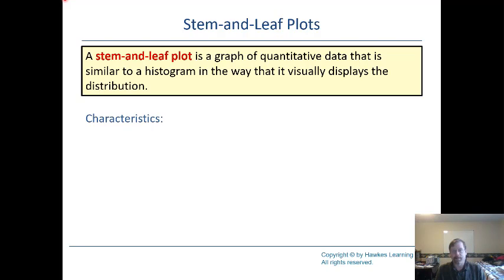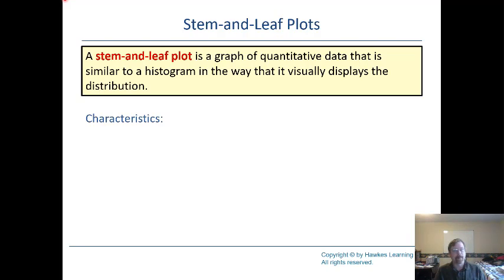It's kind of similar to a histogram in that it gives you an idea of the frequency of things in each bin, in each class. I may slip and call them bins because when you're building histograms in Excel, they refer to the classes as the bin range.